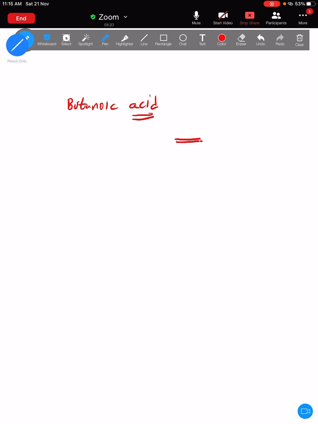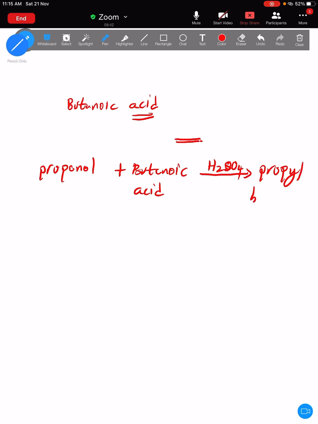You have propanol and you have butanoic acid, and you add both of these with H2SO4, then you get an ester, which is propyl butanoate, and water.